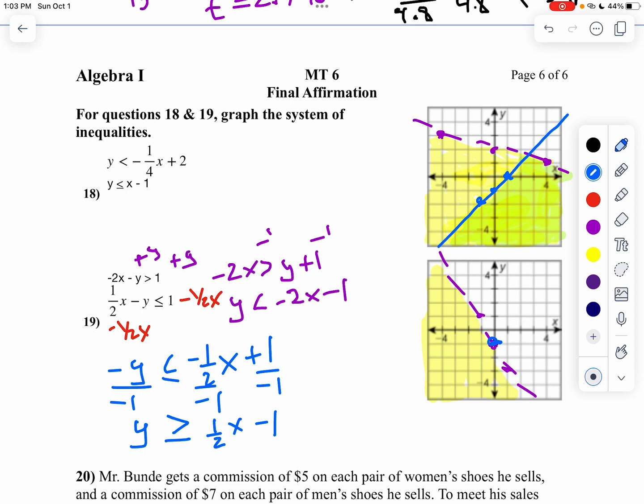But this time I'm going to go up 1 to the right 2. And I'll go down 1 to the left 2. And it's a solid line. Since it's greater than, I want to shade above my line, but I'm going to shade above in the part that's already shaded, because that's where my solution's at. So my solution is going to be right here.